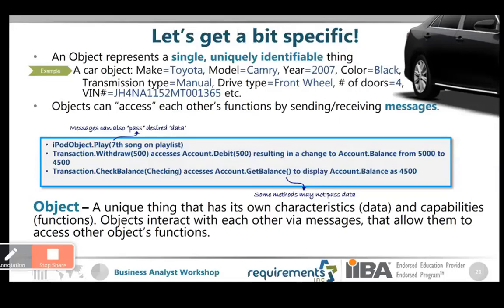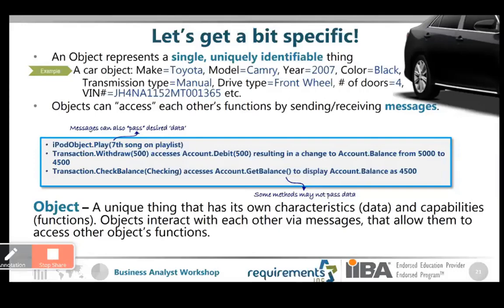I'm exercising the play function, and I'm also providing additional information that I want the 7th song on the playlist. Of course, you can get into details about which playlist, so this could really be 7th song, playlist number 2, if you really want to get to that level. But again, you get the idea.